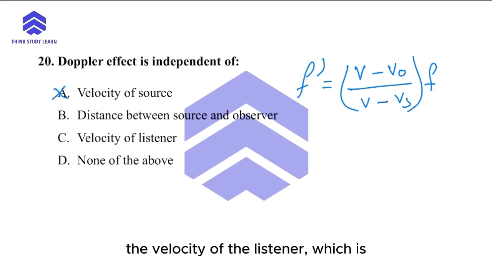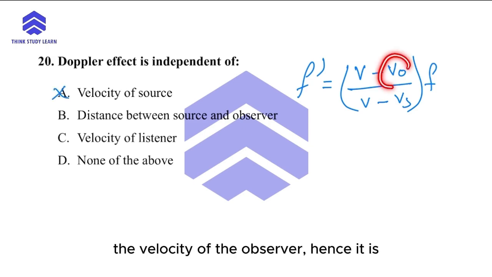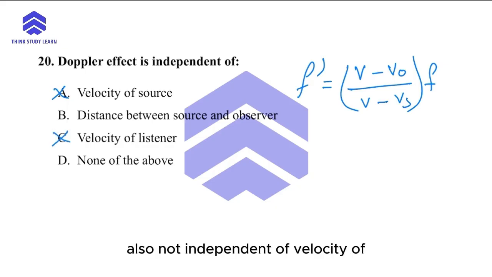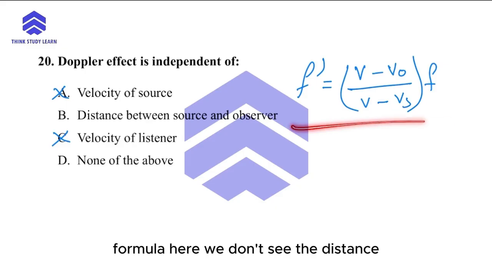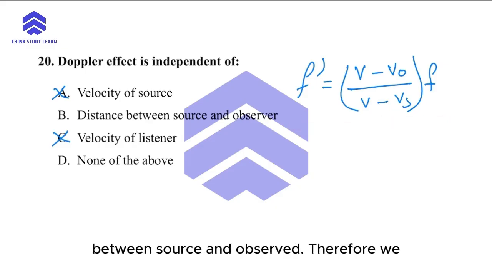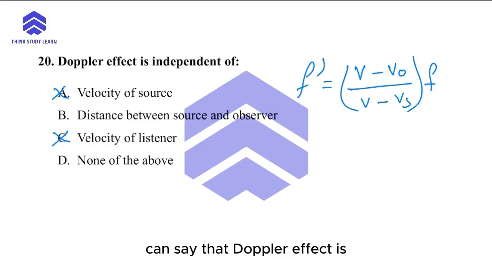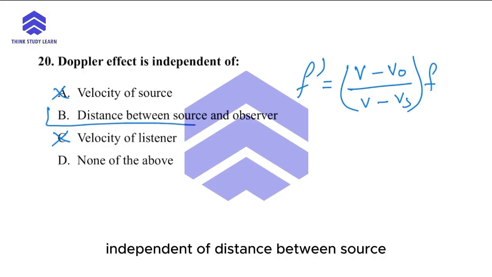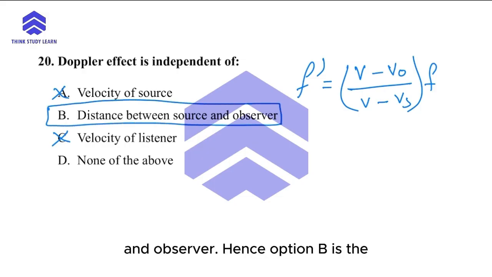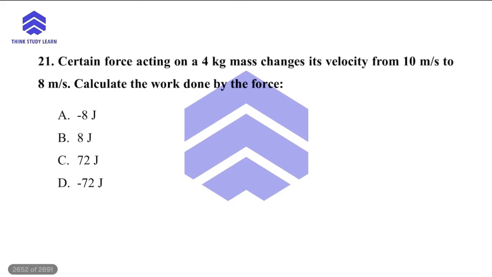Talking about the velocity of the listener, which is the velocity of the observer, hence it is also not independent of velocity of listener. At last, we have the distance between source and observer. In this formula, we don't see the distance between source and observer. Therefore, we can say that Doppler effect is independent of distance between source and observer. Hence, option B is the correct answer.